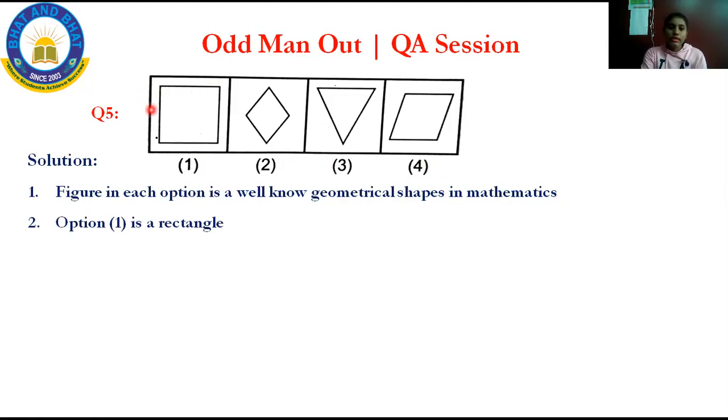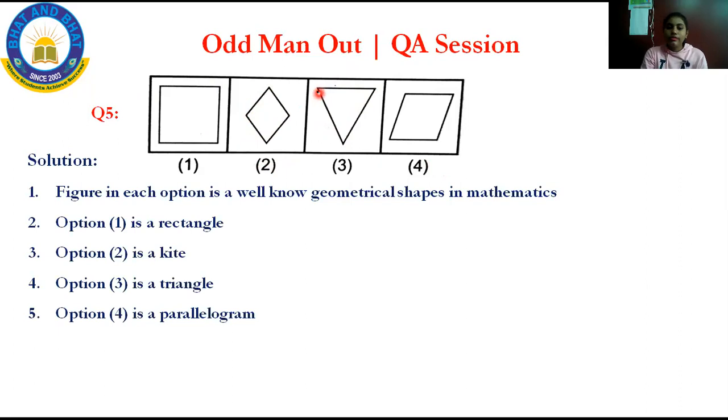Option 2 is a geometrical figure called a kite. The third one is a triangle. Can you see this? The fourth one is a parallelogram. These are geometrical figures. What is there in them?